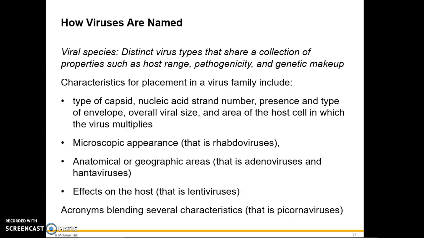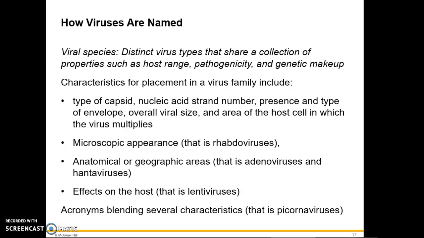Also, the microscopic morphology or appearance of a virus can be used to classify viruses. The anatomical or geographic areas that are inhabited can be used to classify viruses, and then the effects of a virus on the host are used to classify viruses.